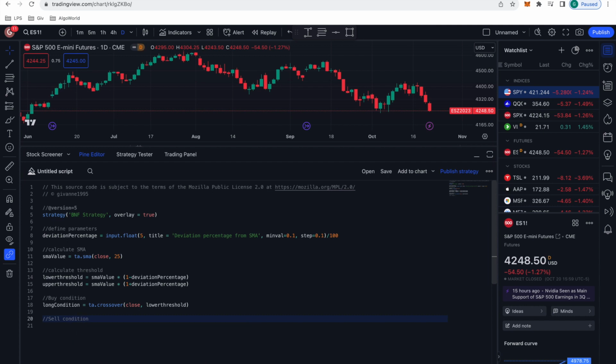Sell condition. And you basically copy this. Short condition, and that's going to be cross under. It's not weird.